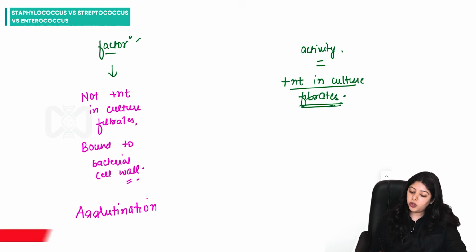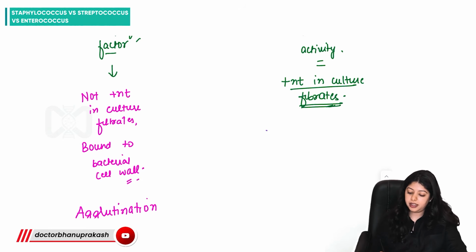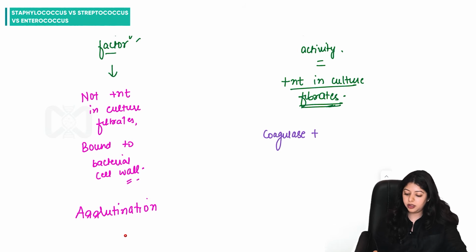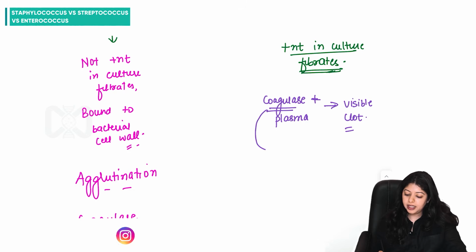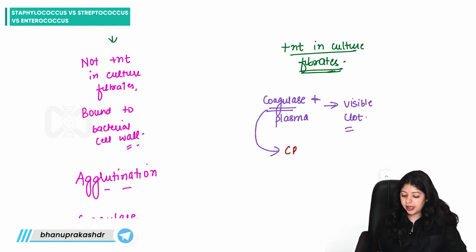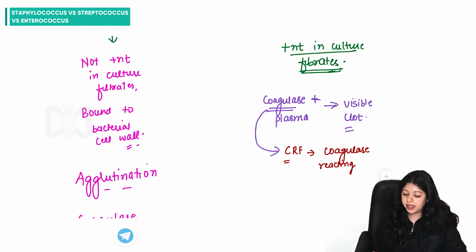So any bacteria that has coagulase activity is mixed with plasma in a tube, and a visible clot forms inside the tube. This is because the coagulase reacts with a factor known as CRF, or coagulase reacting factor.